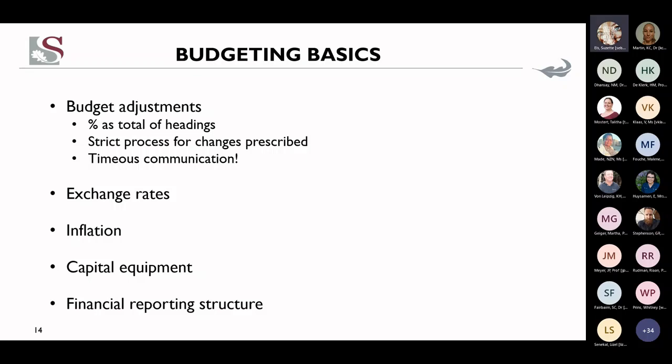Inflation normally comes in from year to year. We have a fixed inflation rate on the salaries already incorporated into our full cost budget, but also take that into account when you have to budget for certain travel expenses or other expenses from year to year, to take into account an inflation rate.